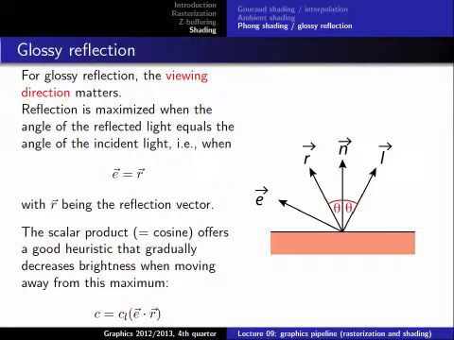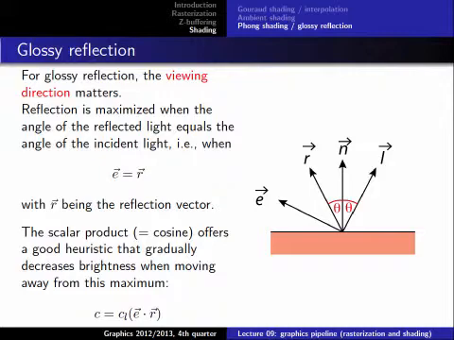One of the things here is that the viewing direction matters. We said that the reflection is maximized when we are looking directly at the surface at the same angle as the light hits the surface with respect to the normal vector.